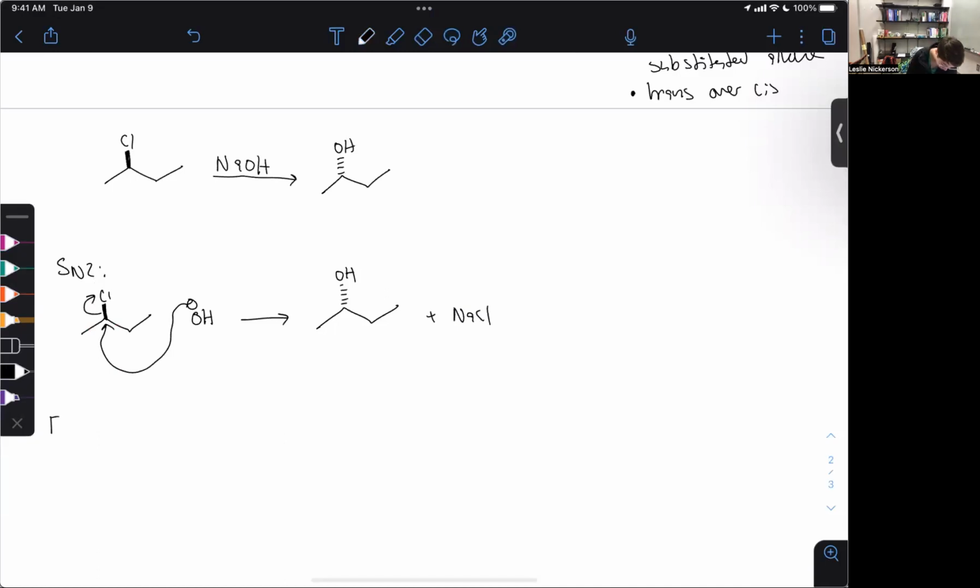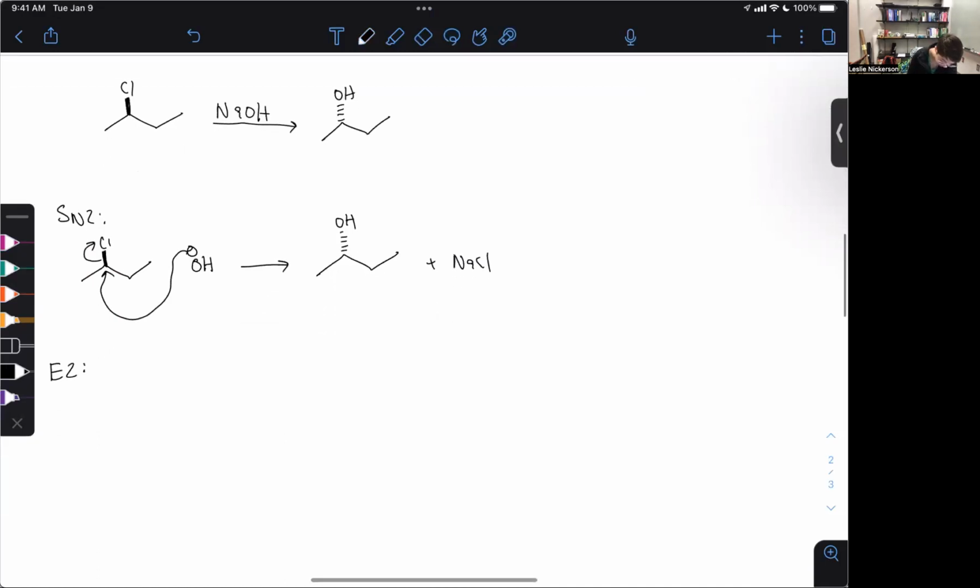So now my E2 products. So now I'm thinking about my OH minus as a base, not a nucleophile. So let's go ahead and start by labeling out the alpha position and then the beta positions.